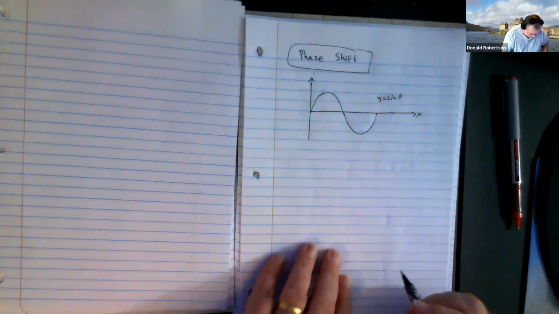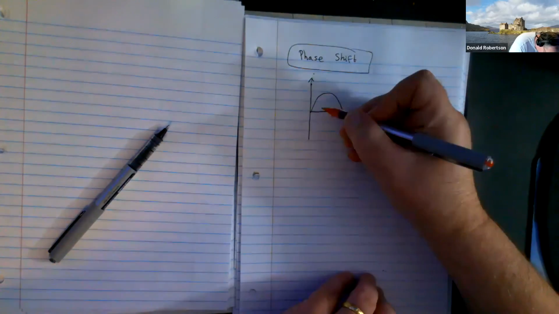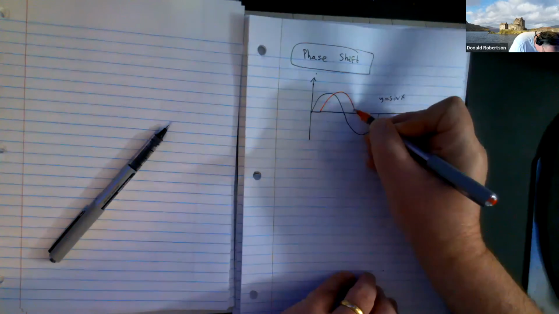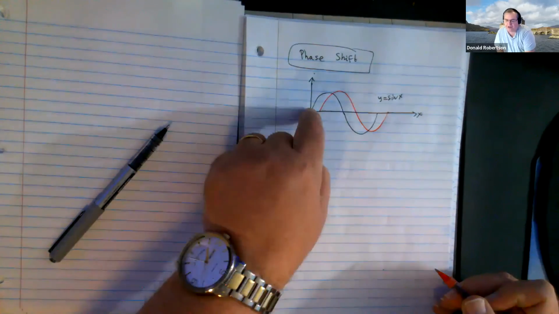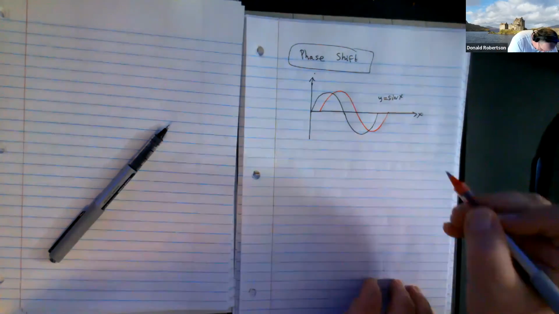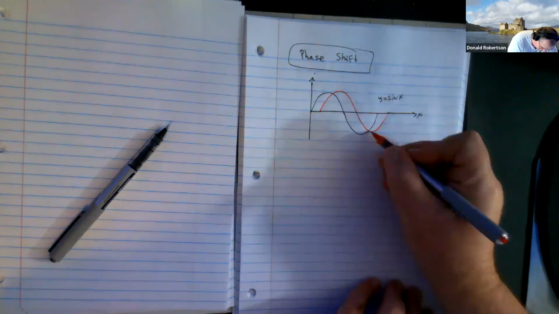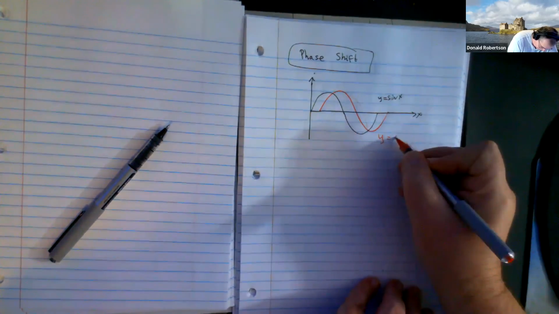A phase shift is essentially where you take the same curve and you shift it either to the right or to the left. In this case, I've shifted it to the right. When you look at a trig function that's had a phase shift to it, this is what this guy looks like.